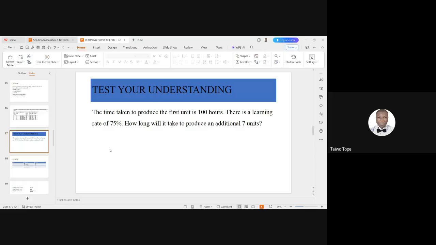Since they are talking about 7 units, you have to stop at 8. Then you determine your average time. For the first unit, it will be 100 hours. Since you have a 75% learning rate, what will be the average time for the second unit? Come up with a table by yourself, even though it's rough. Do something.